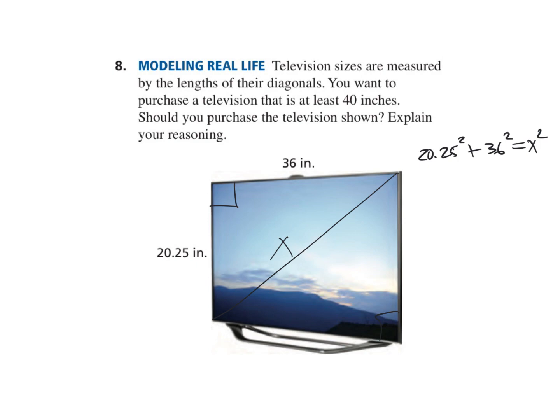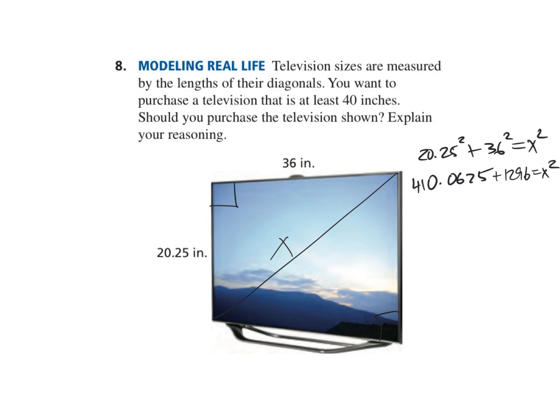So 20.25 squared is 410.0625, and 36 squared is 1,296. So we add those two together, 410.0625. Rats.